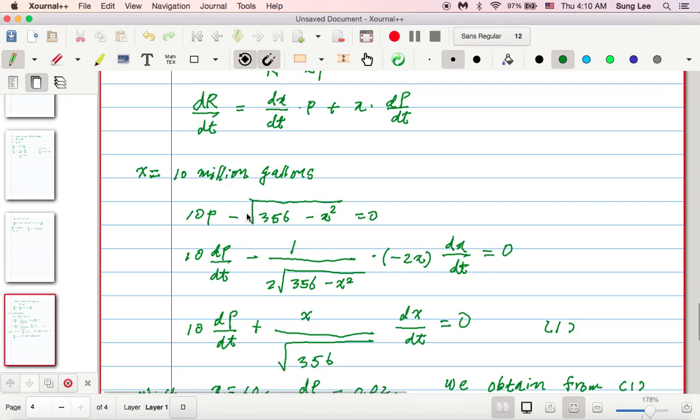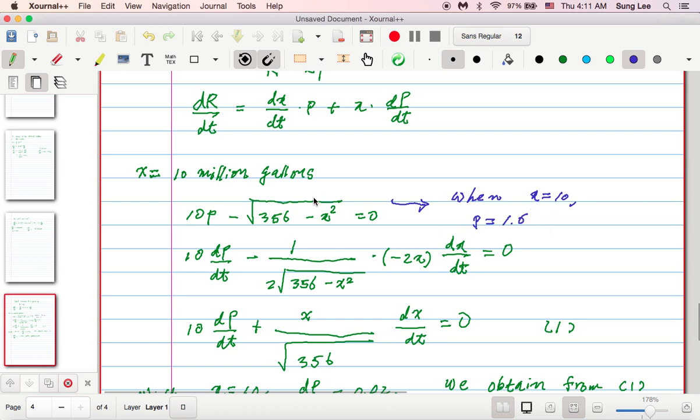When x equals 10, p equals the square root of 356 minus 10 squared. 10 squared is 100, so that's the square root of 256. 256 is 16 squared, so the square root is 16. So p equals 16 divided by 10, that's 1.6.